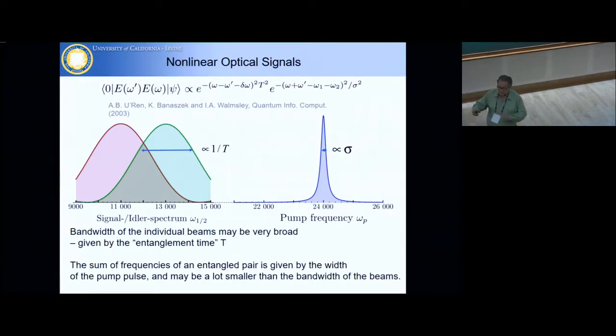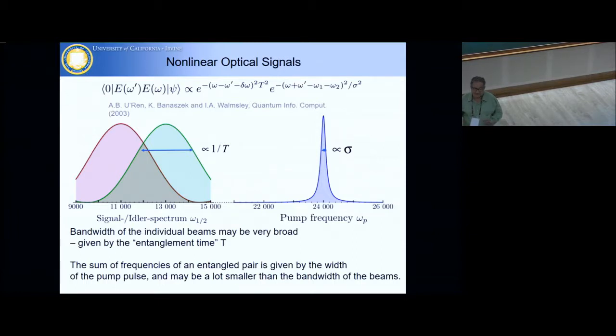which makes use of the unusual time and frequency relationships of these photon pairs. If you just have classical light, it's subjected to the Fourier limitation, which means the broader it is in frequency, the narrower it can be in time, and there is a delta omega delta t greater than 1.